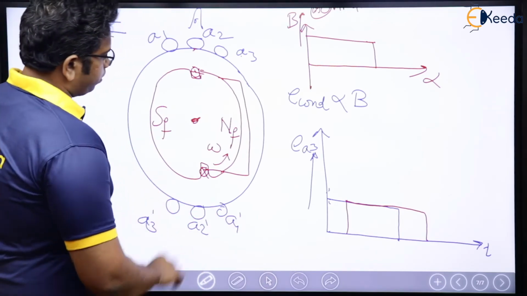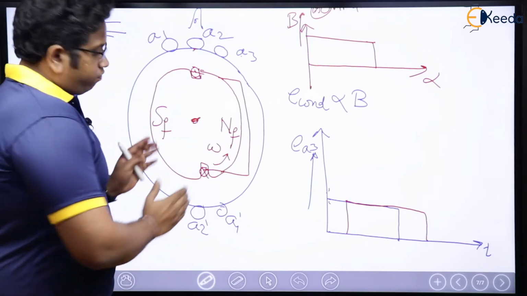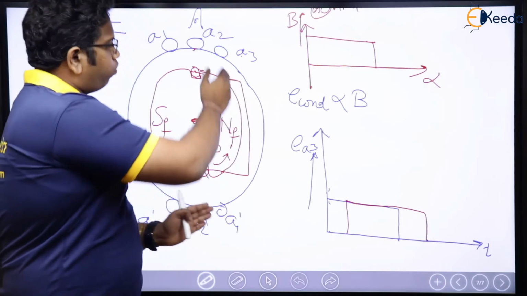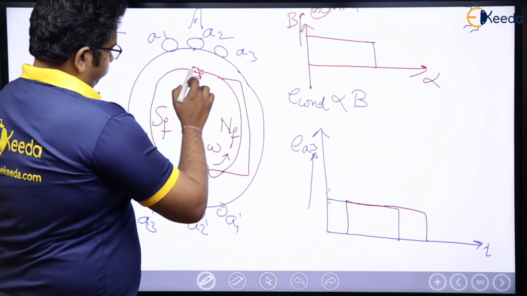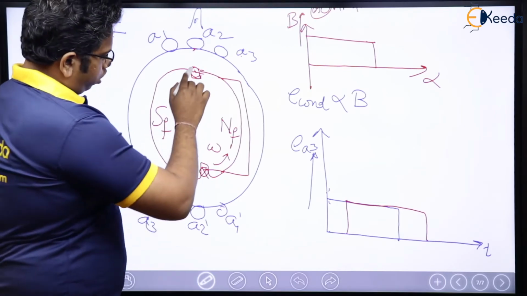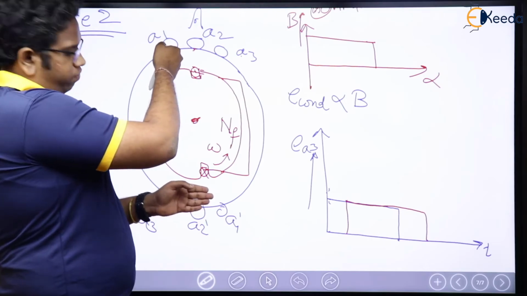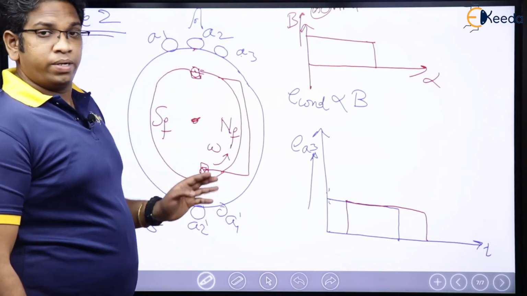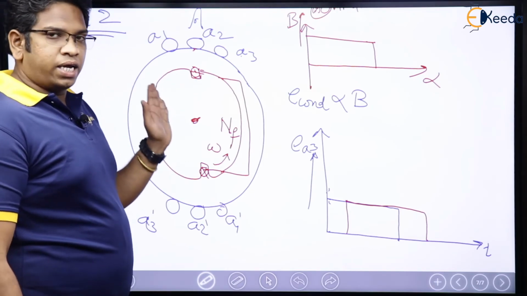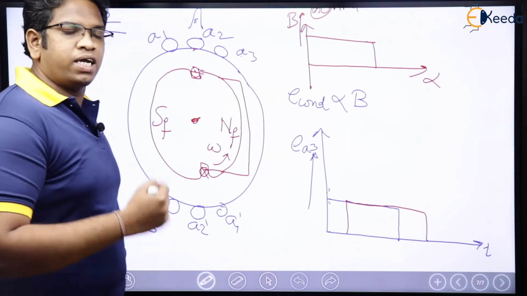Again what will happen? Once this north pole has come here, south pole has come here, after some time, furthermore rotation in anti-clockwise direction, what is going to happen? This north pole will reach A1 and A1 dash, which means after some space angle, which means after some angle in time also, because space and time are synchronized.